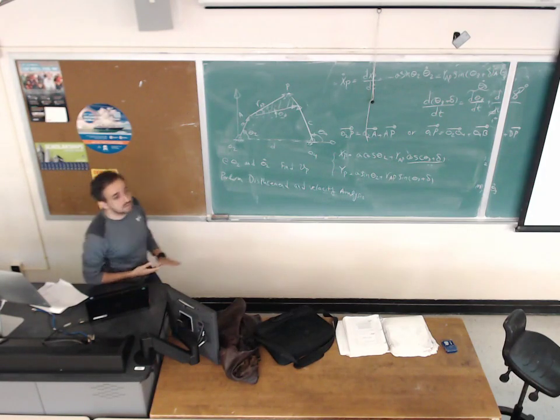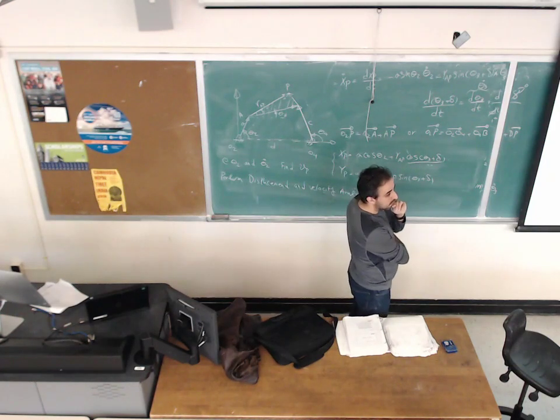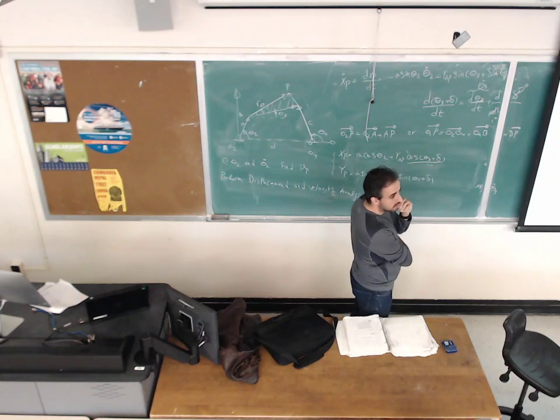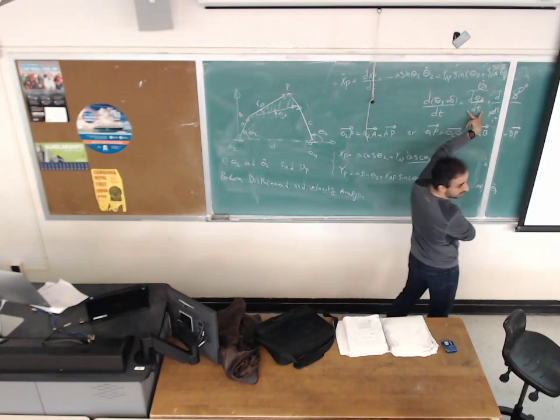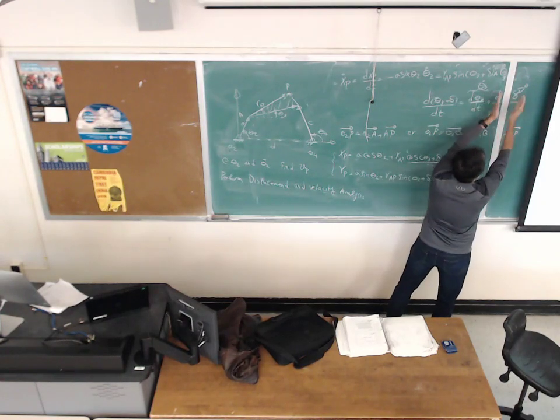Yes. Once you did the derivative of theta 3 plus delta, what did you get? It's going to be the derivative of the first term plus the derivative of the second term.